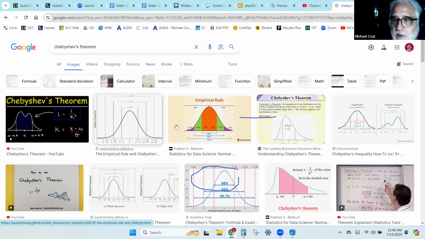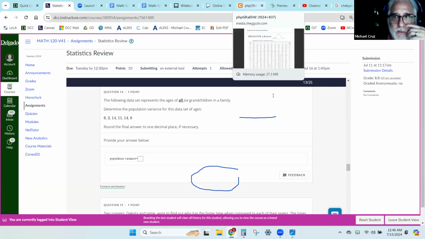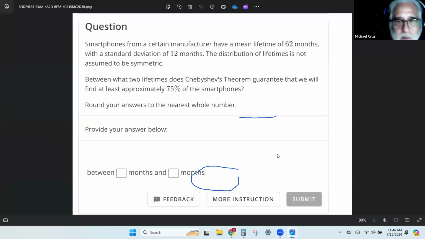I'm sorry, two standard deviations is 75. So what we have to do is go down two standard deviations. I'll just put that.